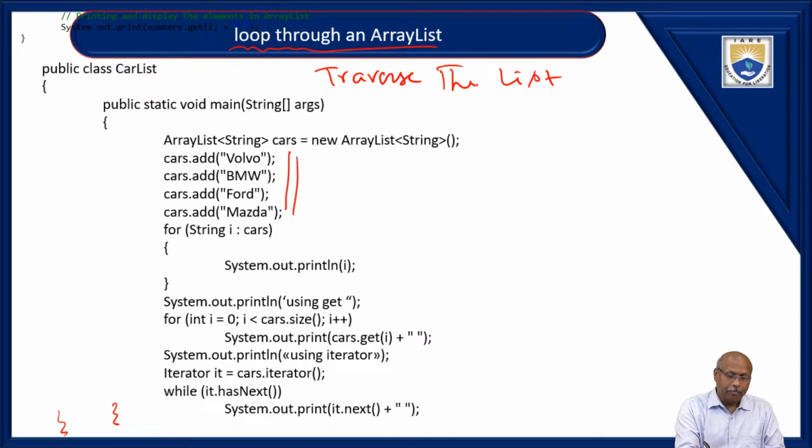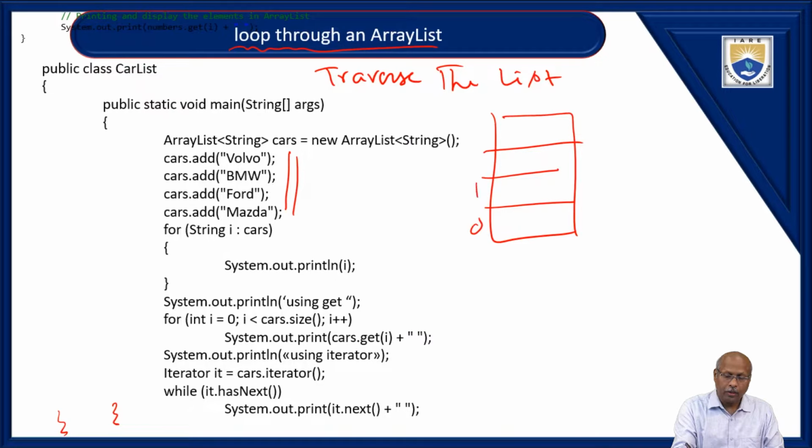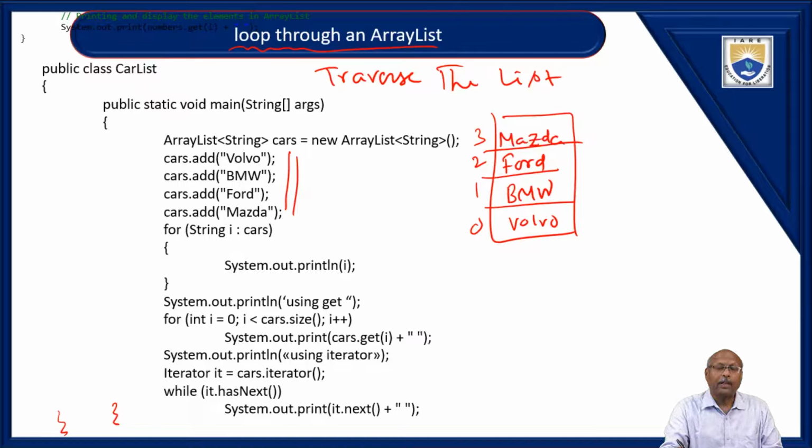Currently my list has 4 items: 0, 1, 2, 3. First Volvo, then BMW, then Ford, then Mazda. The 0th item is Volvo. Now instead of displaying the entire list, I want to display one by one.